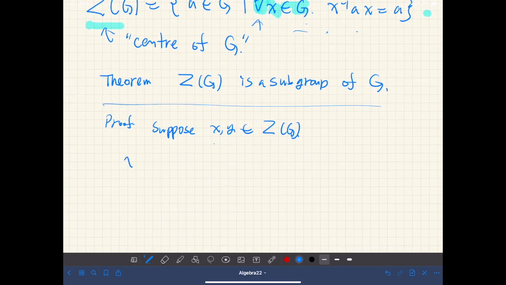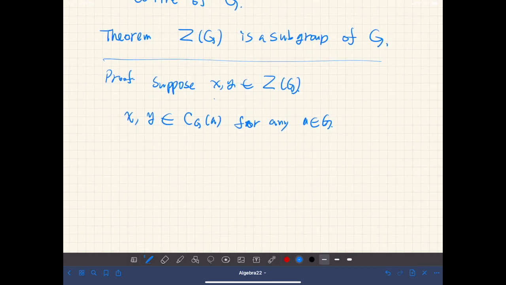So x and y belong to the centralizer of A for any A in G, because x and y commute with any element in G. If we pick any arbitrary element in G and make the centralizer of that, then x and y should belong to that centralizer because x and y commute with A.